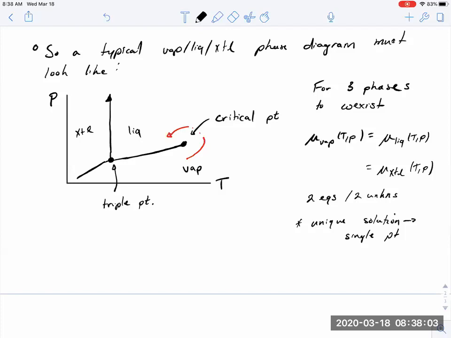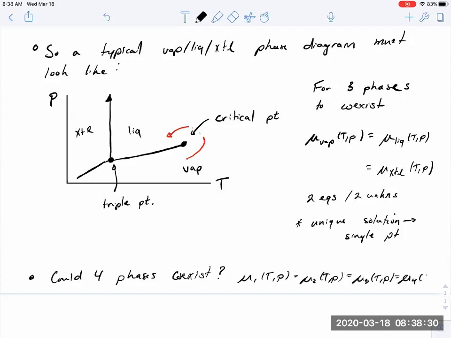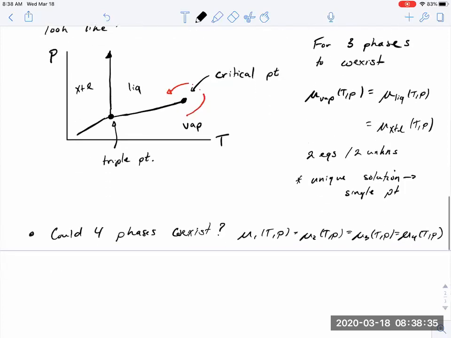A question then one could ask is, could four phases coexist? If I added another chemical potential, so I have the chemical potential phase 1, phase 2, phase 3, and the chemical potential phase 4, it must be the case that all four of those would be equal.